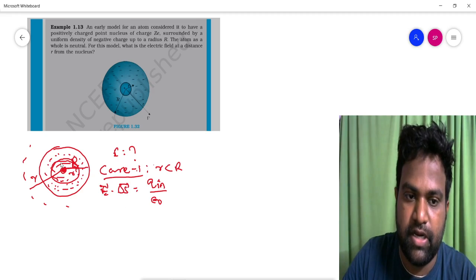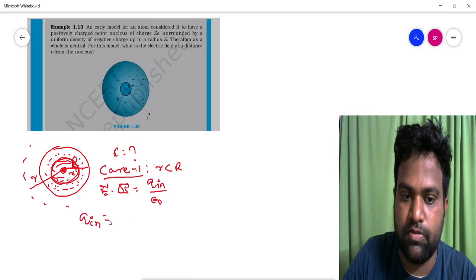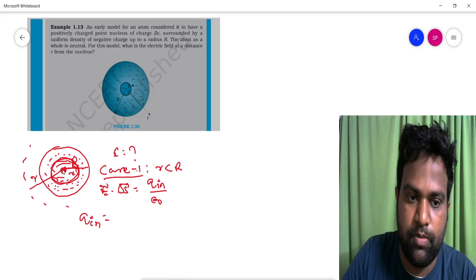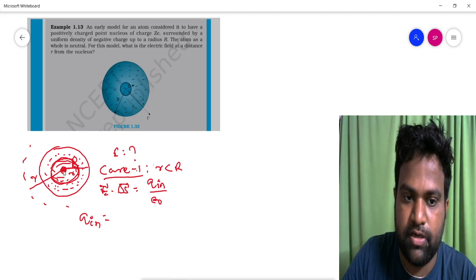So inside this surface, that is the Gaussian surface, a hypothetical surface, Q inside is equal to how many positive charges are there. All the positive charges are in the nucleus, so +Ze.